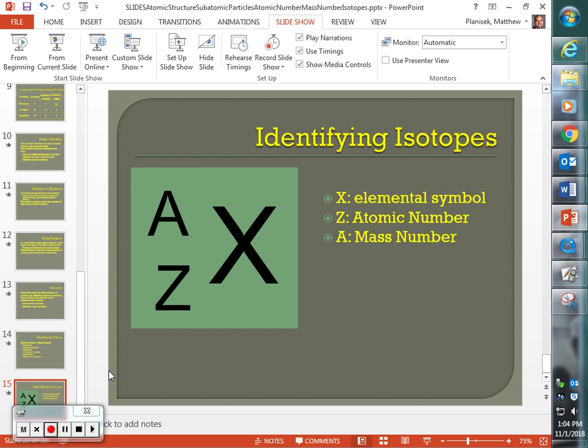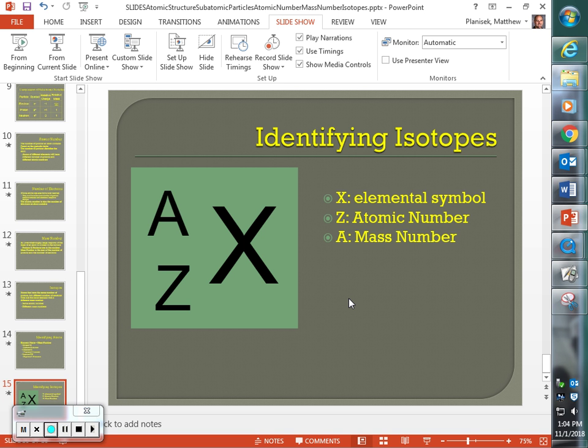All right. So the shorthand way we do this involves one symbol and two numbers. These are just generic variables that we use to represent things. Like X in this representation represents the elemental symbol that we get from the periodic table to represent a specific type or kind of element. Then Z represents the atomic number.